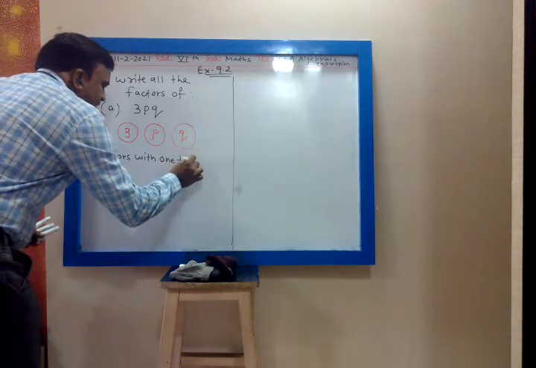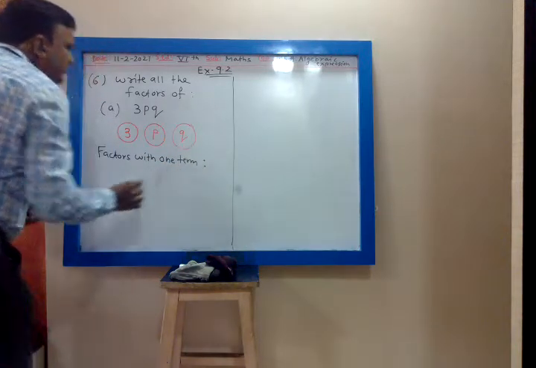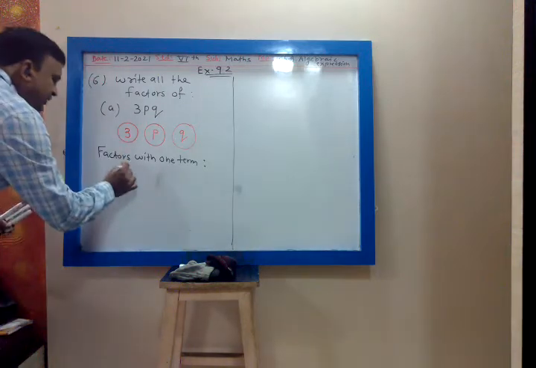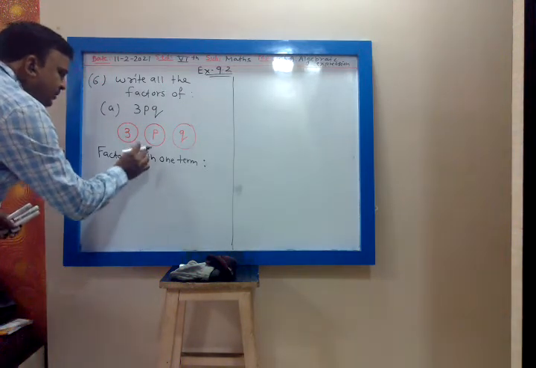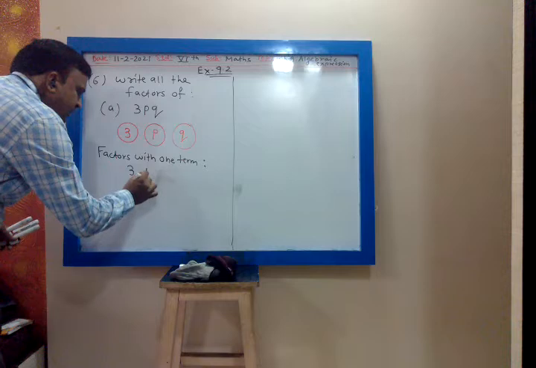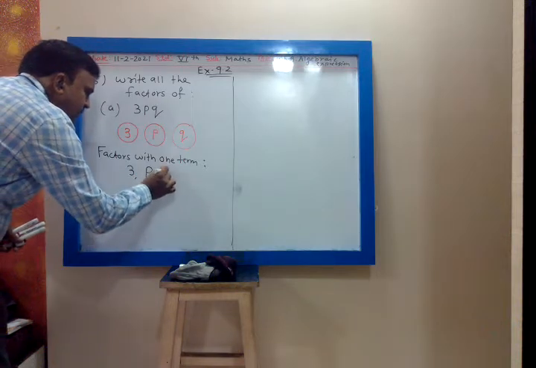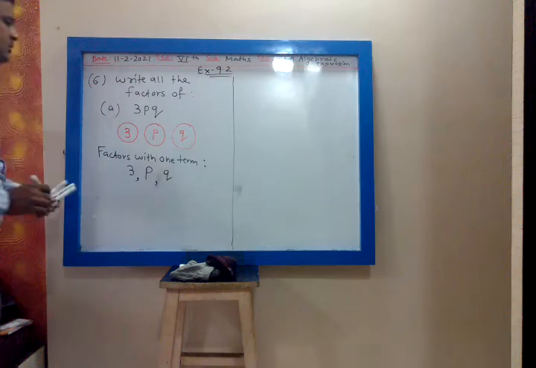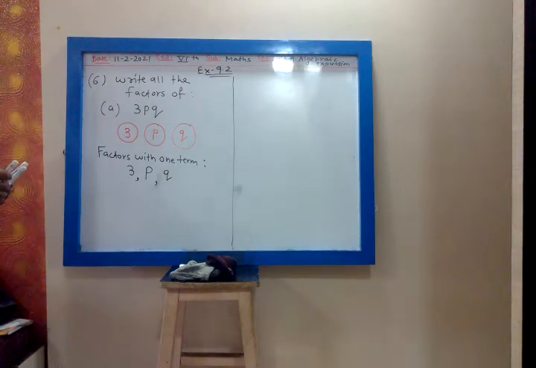Factors with one term means you have to write down only a single number. 3 is a factor, then P is a factor, comma Q. 3, comma P, comma Q. They are single term factors.